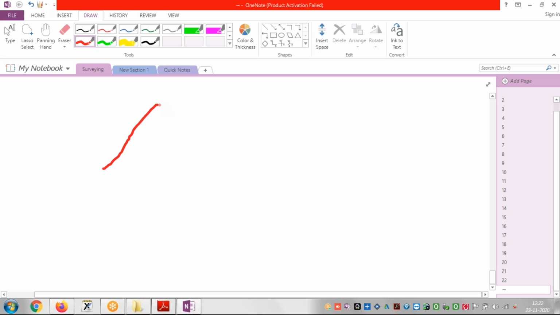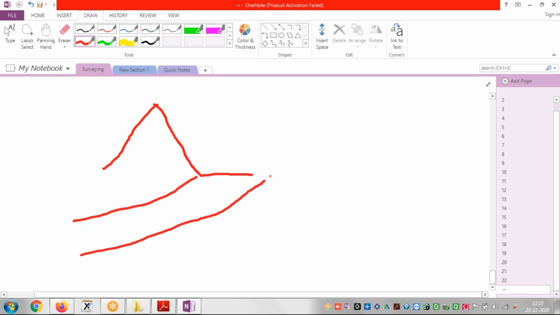Suppose there is a wadi, like there is a hill, and between them a road is passing, suppose from here, right? This road is passing like this, and again there is some hilly area.